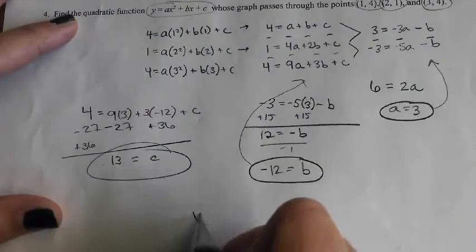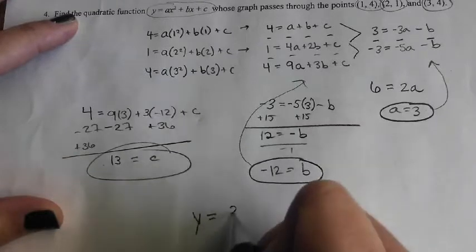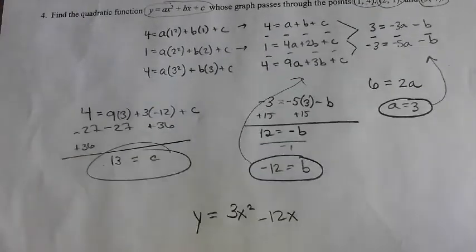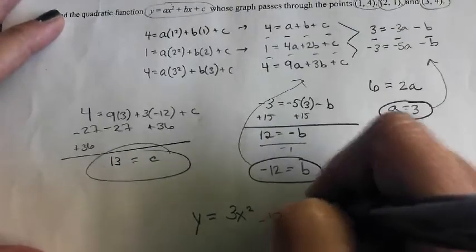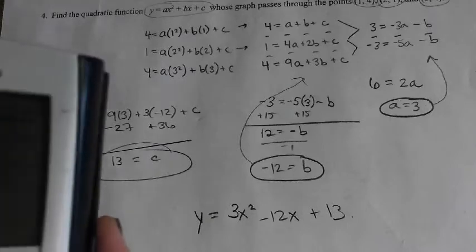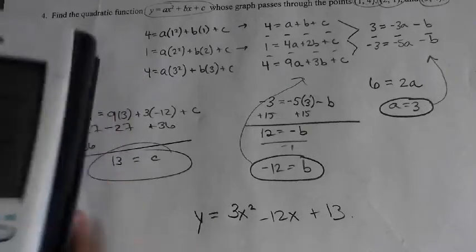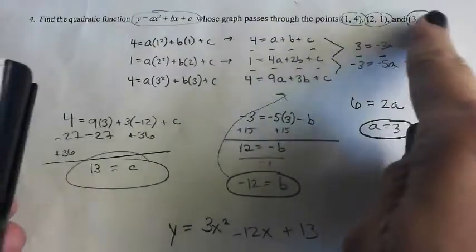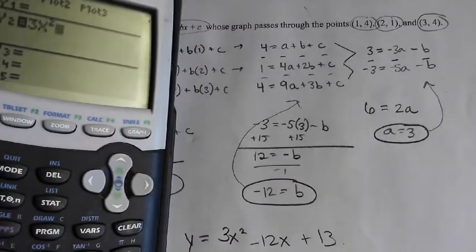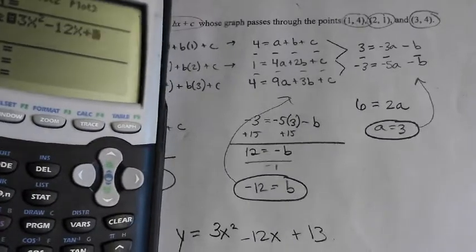So we would just write y equals 3x squared because our a is 3, minus 12x because our b is negative 12, and then plus 13. And you can just type that function into your y equals and look at a table just to make sure those 3 points are on it. So 3x squared minus 12x plus 13.